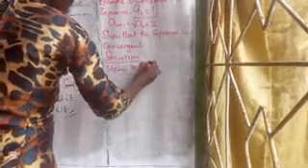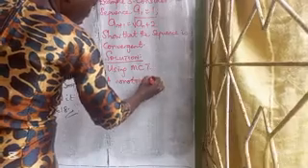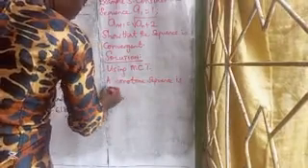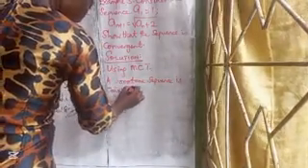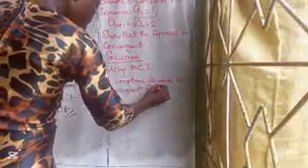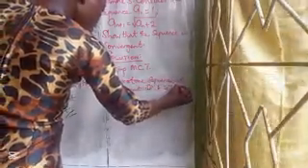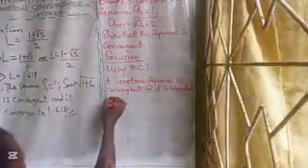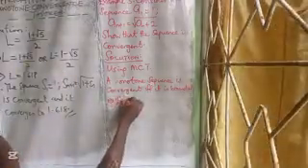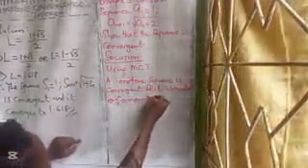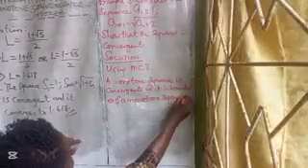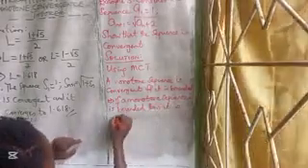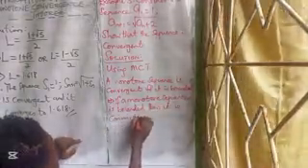The monotone convergence theorem: a monotone sequence is convergent if and only if it is bounded. That implies that if a monotone sequence is bounded, then it is convergent.